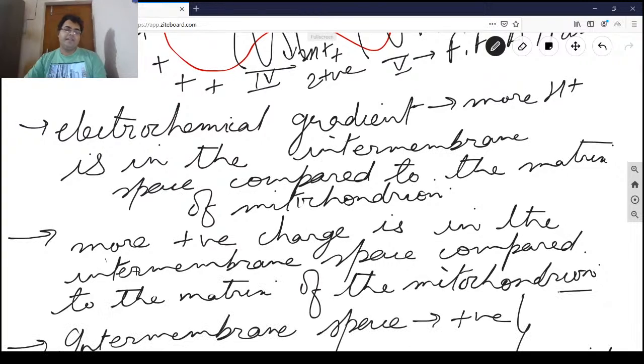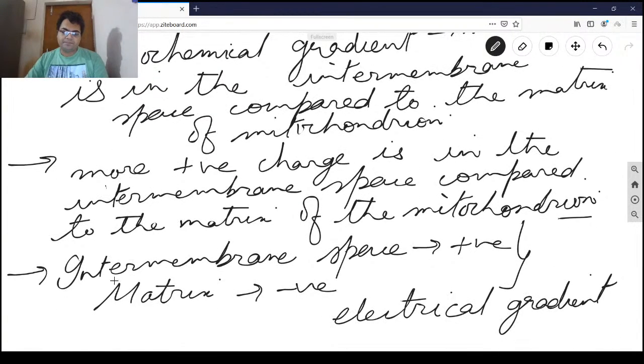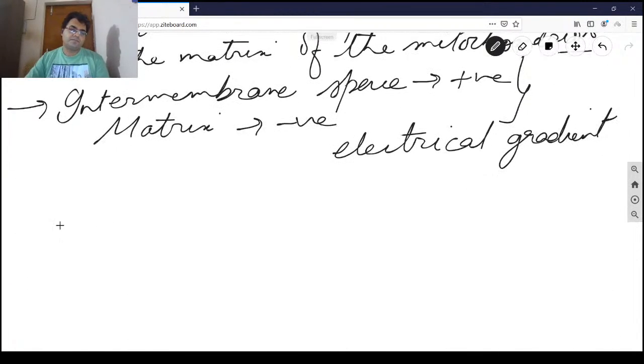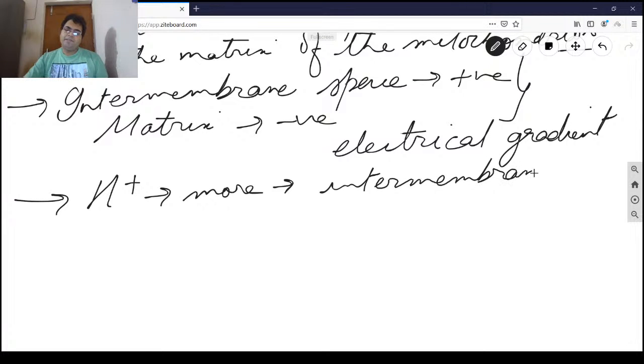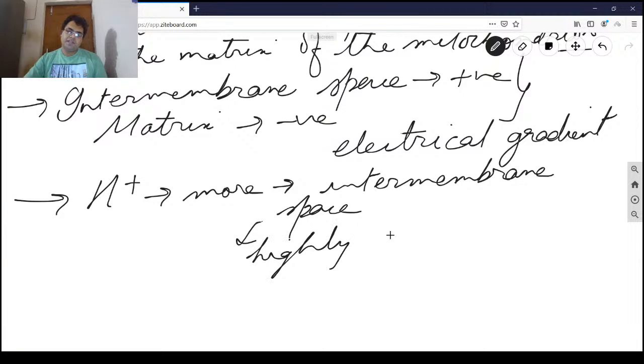In case of H plus, more is present in the intermembrane space. Intermembrane space is highly acidic, thereby the pH will be lower.